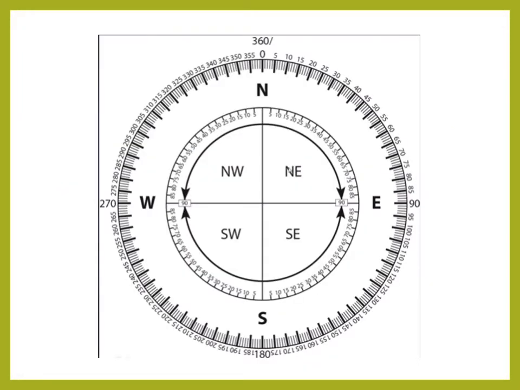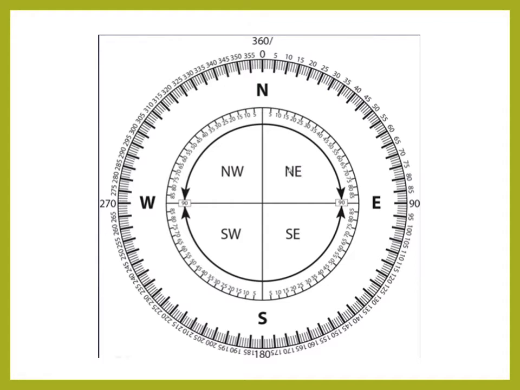Again, coming to this image, we can see four quadrants here, that is northeast quadrant, southeast quadrant, southwest quadrant and northwest quadrant. If you see inside, in the inner circle, the quadrants are marked with 0 to 90 degree. From the north to east it is 90 degree, you see 5, 10, up to 85, and east will be 90 degree.